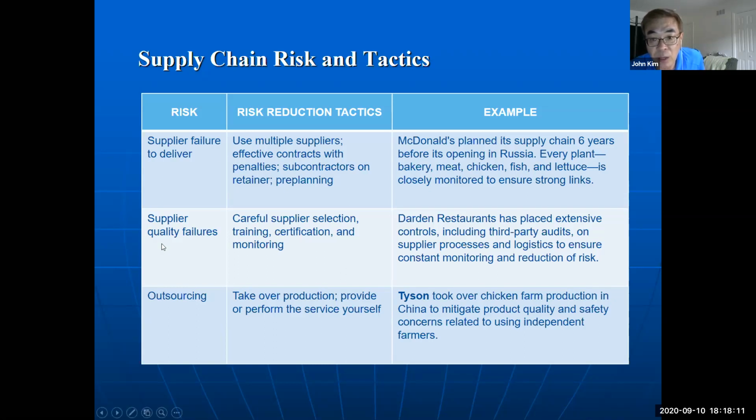And there is supplier quality failure risk, in many cases. The reduction tactics are careful supplier selection, training, certification, monitoring, and also evaluating suppliers. Hyundai evaluates suppliers every year and gives them a certificate: your company is a 5-star supplier, 4-star supplier, and so on.